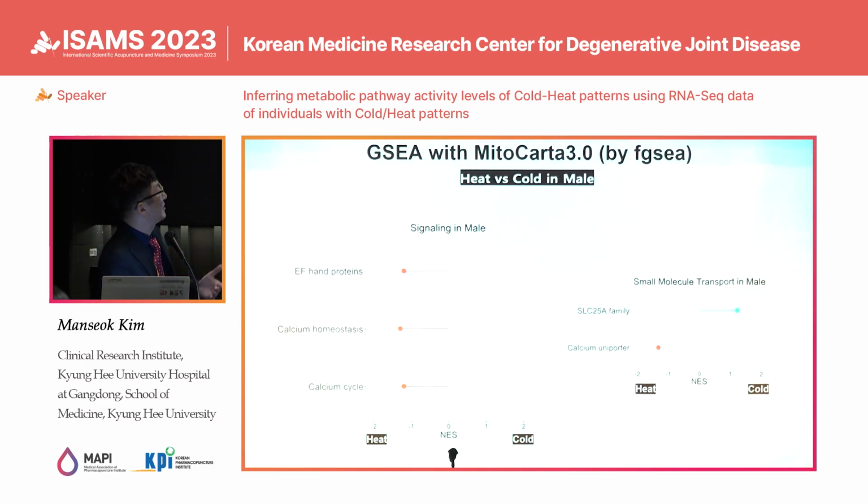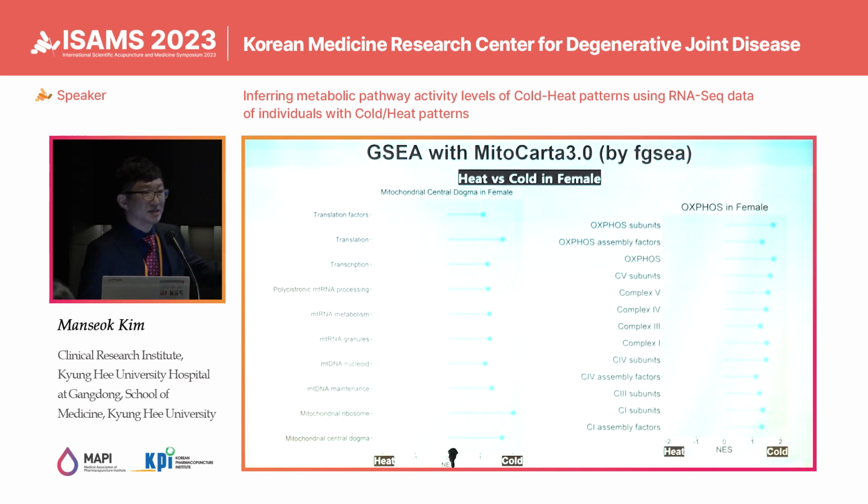Again, in other words, male with cold pattern might have more mitochondrial dysregulation. And this one is consistent with what we have seen so far. So female with cold pattern, it's got up, right? And female with cold pattern got up in mitochondrial biogenesis.